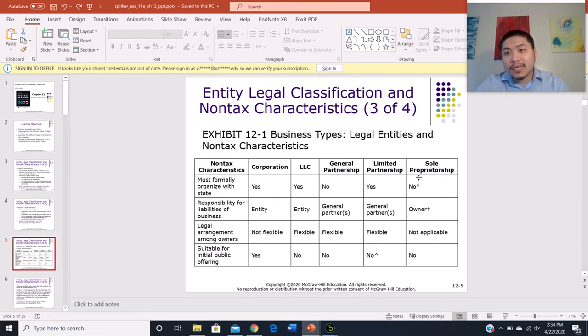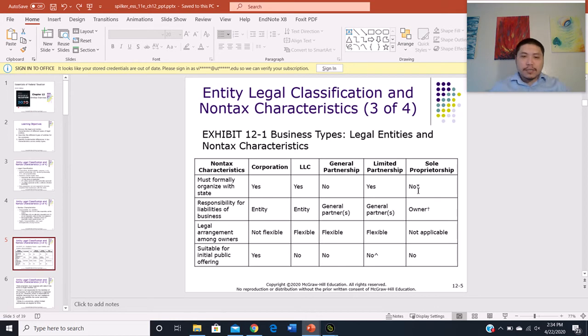If that's the case, then the business owner has to legally file the formation paperwork with the state, because ultimately it is an LLC. So that's why they have to file with the state, but only in that case, only if the business owner wants to form a one-owner LLC. Other than that, they don't have to file anything with the state.